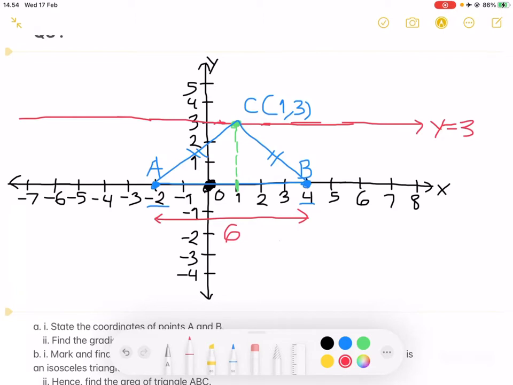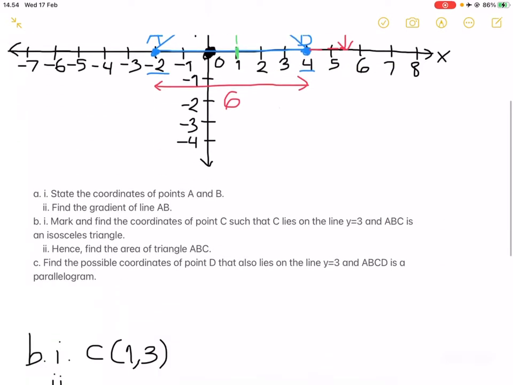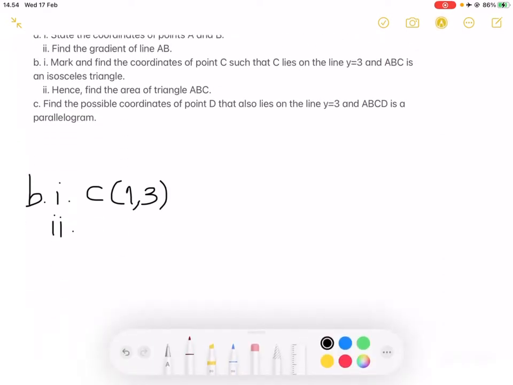And then for the height, this segment right here, well, it's just the distance between y equals 3 and the x-axis, which is just 3. And therefore, we can just use the formula. So the area is equal to a half times our base, which is 6, times our height, which is 3, which is 9.